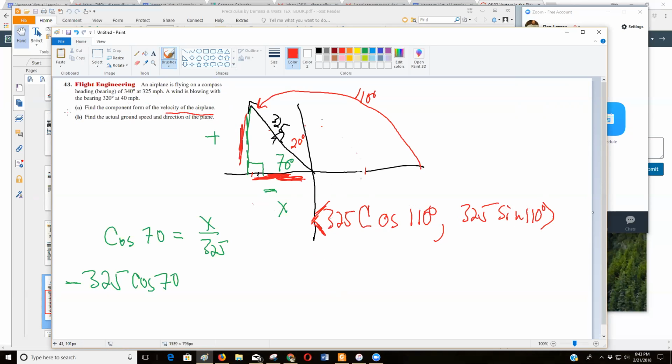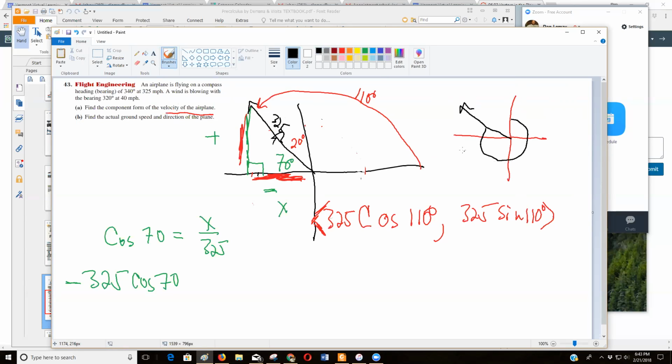Now they're telling us the wind's blowing at a bearing of 320 degrees at 40 miles an hour. So if we just think about the wind itself, 320 degrees, remember you started due north, and that's 270, so we're somewhere in here. And here's the wind's force.